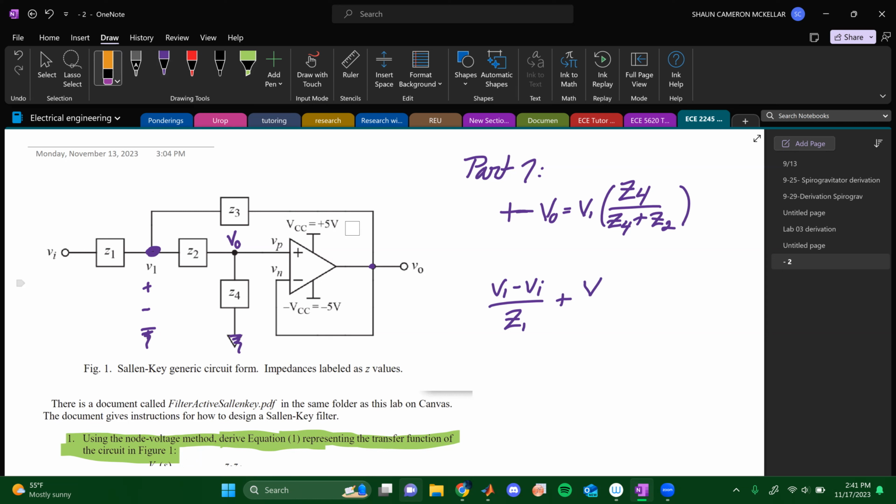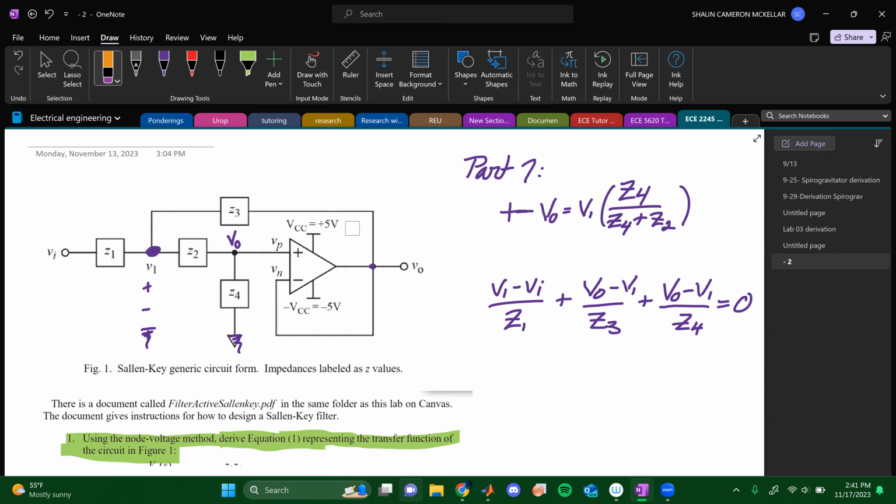I have V out over here minus V1 over Z3 plus V1 minus V out, or sorry, V out minus V1 over Z4. So that equals 0. And this is the sum of the currents equals 0, or node voltage.